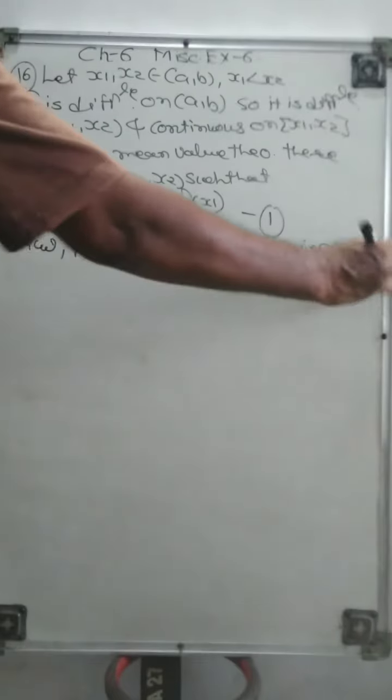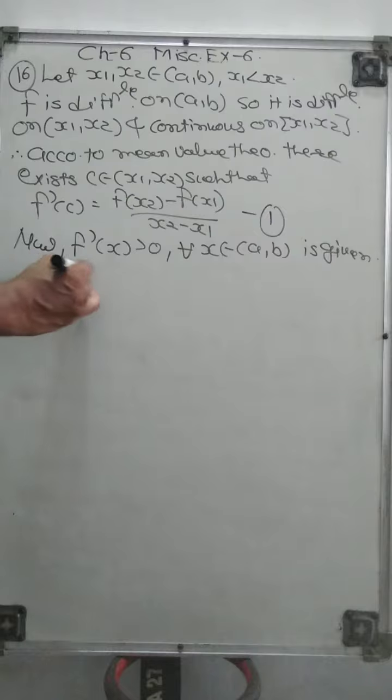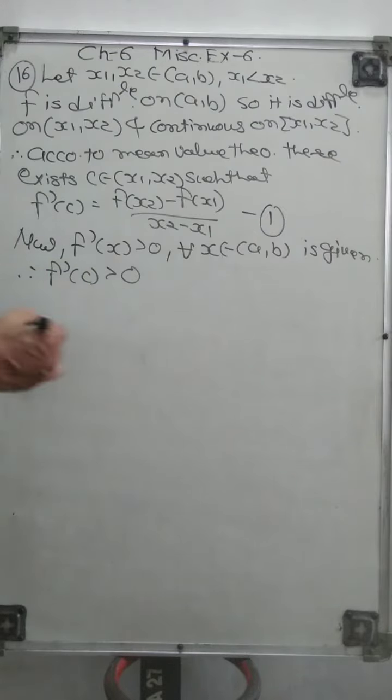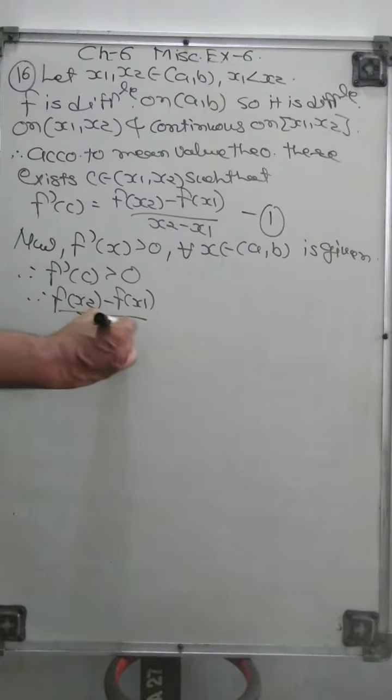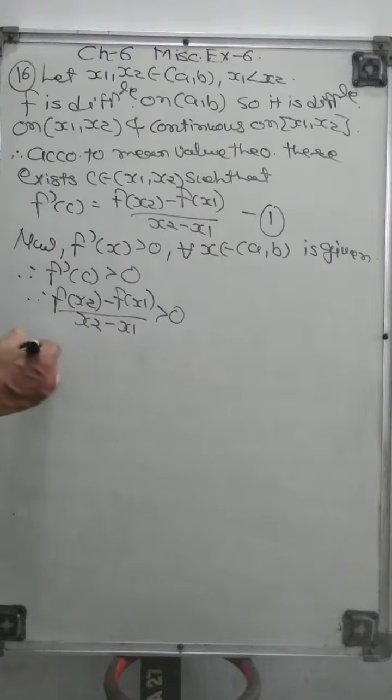Now f'(x) is greater than 0 for every x belonging to (a, b), which is given. Therefore, we can say that f'(c) is greater than 0. Therefore, (f(x2) minus f(x1)) upon (x2 minus x1) is also greater than 0.